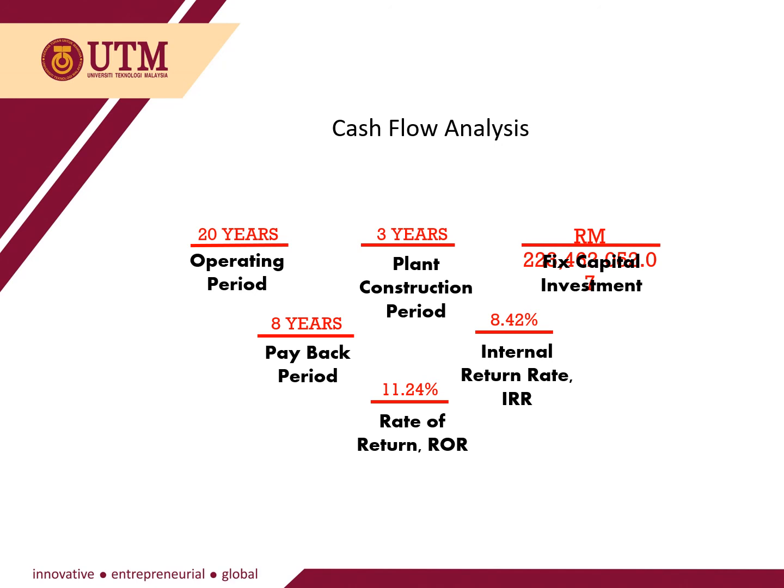And after calculation, the undiscounted payback period is 8 years, with an internal rate of return of 8.42% if we want the payback period to be exactly 20 years, and the rate of return is about 11.24%.